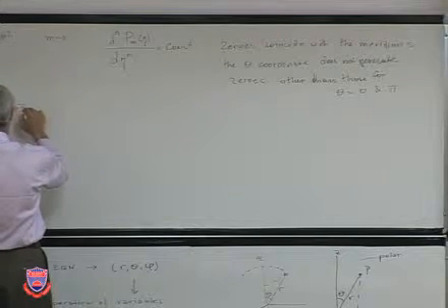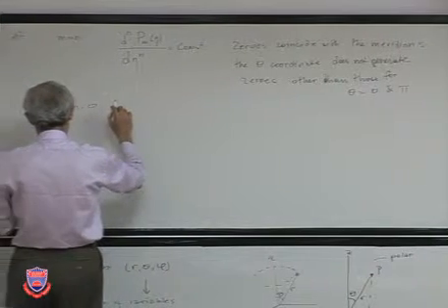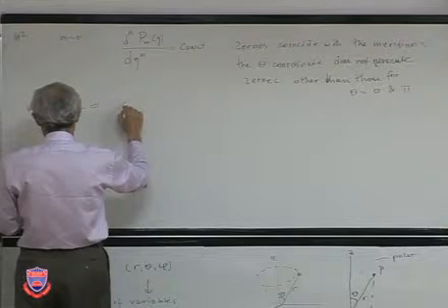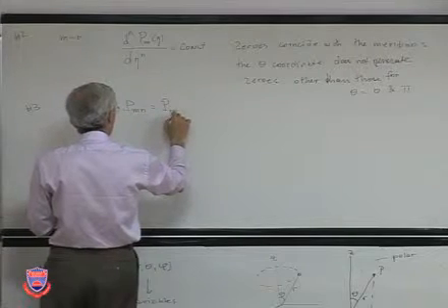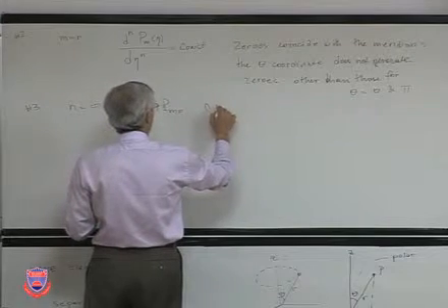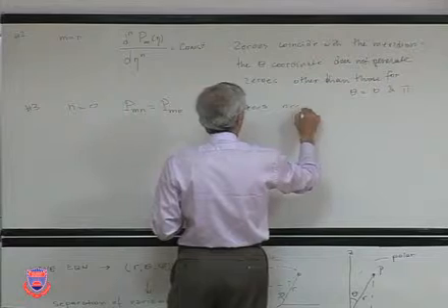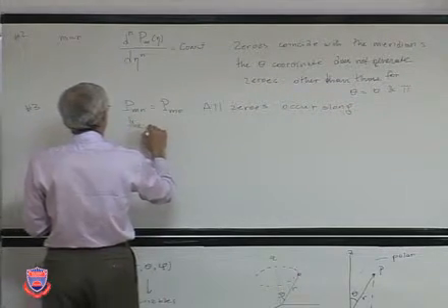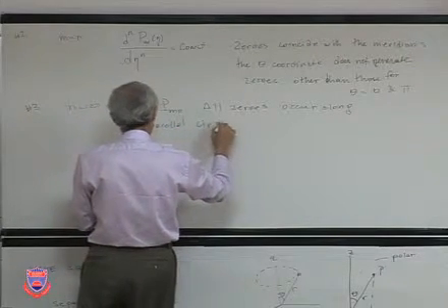And the final case is when n is equal to 0. P_m^n is P_m^0, and all zeros occur along the parallel circles.